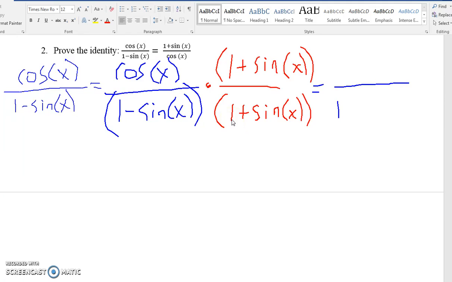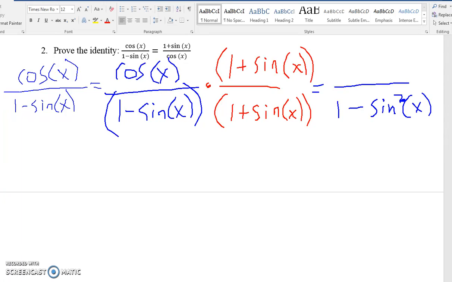Those two things cancel out. That's the key to switching the sign right here that makes them cancel out. And then the last part of FOIL, a negative sine times another negative sine, gets me negative sine squared. So that's negative sine squared.